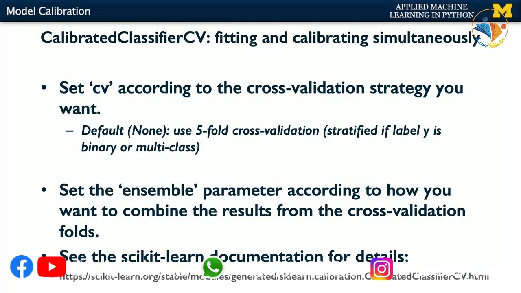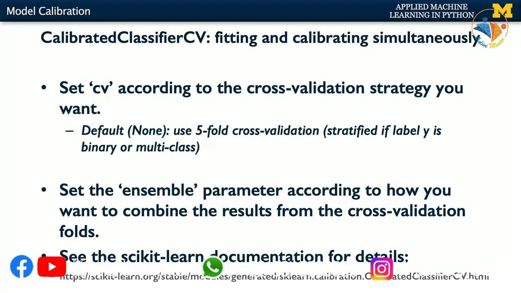Now let's look at the case where you have not yet trained the classifier, where you want to do the fitting and the calibrating simultaneously. In this case, you set the cv setting to the cross-validation strategy you want. The default, if you don't specify any cv setting, is to use 5-fold cross-validation, which is stratified if the label that you're predicting is a binary or multi-class label.